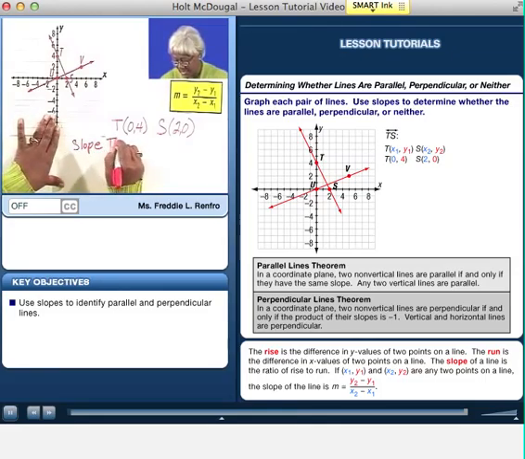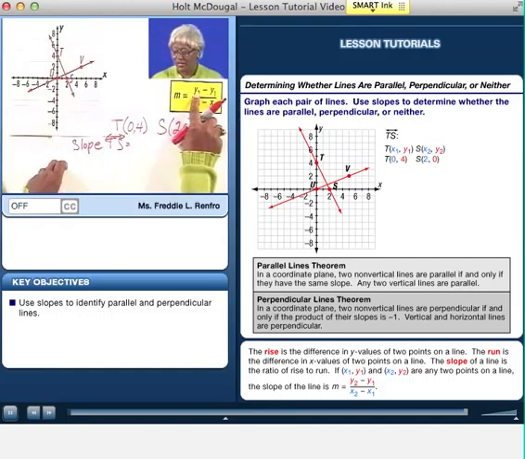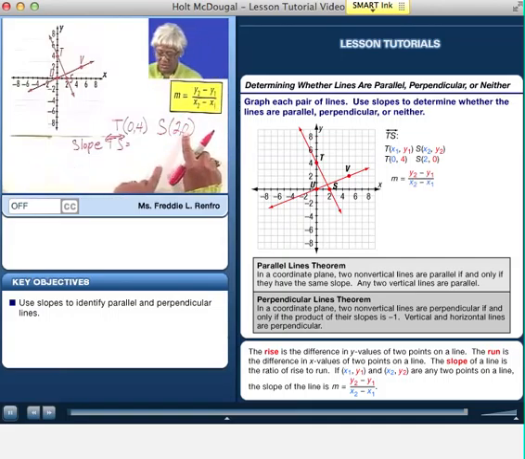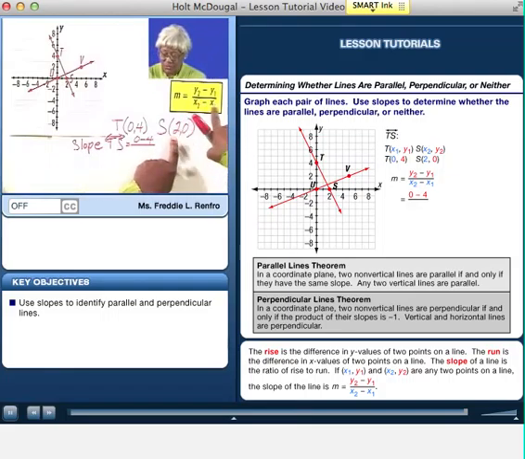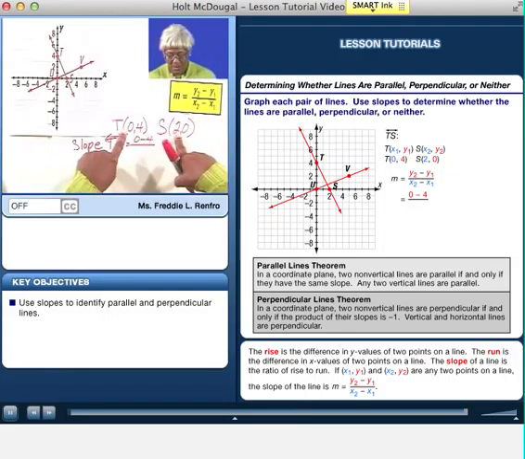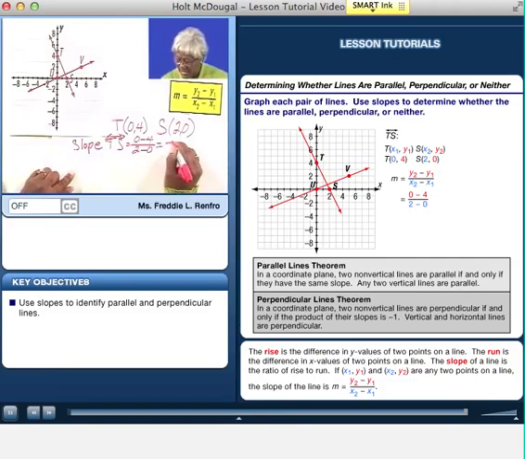Now, the slope for line TS is equal to y2 minus y1. Let's start here. 0 minus 4, and then, let's go ahead and do the x's. 2 minus 0 is equal to -4 over 2.